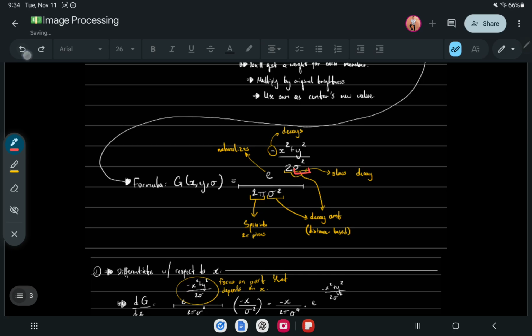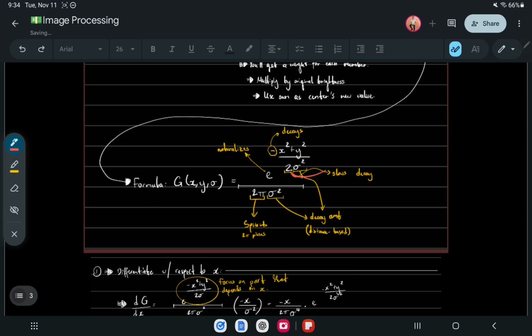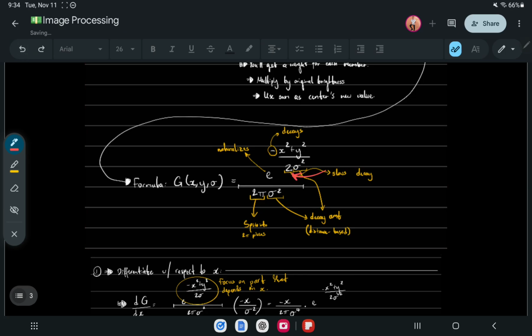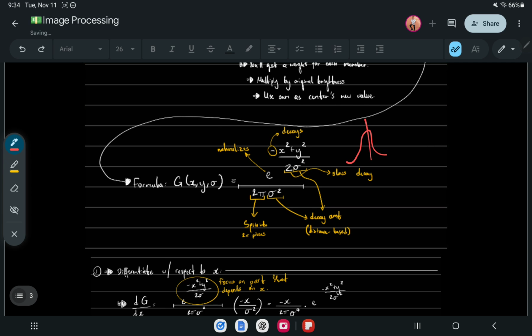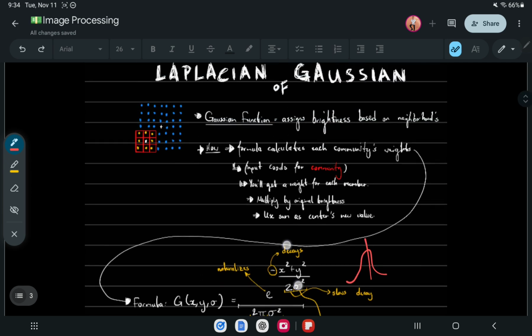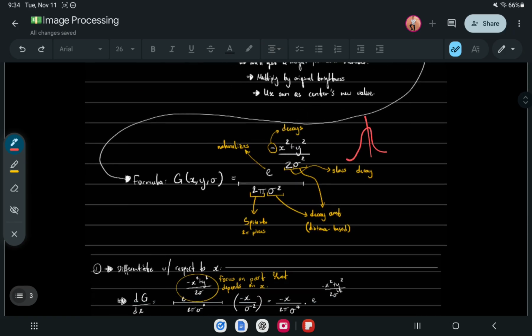This 2 next to it actually slows decay. So your decay looks like this. This is called a Gaussian bell, which is why this is under the Gaussian filter. Without the 2, it would look more narrow. With the 2, it looks more wide. So the 2 basically slows the decay.